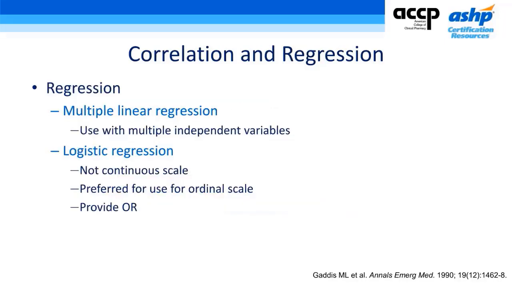And of course, we need to know which type of regression to use: multiple linear regression or logistic regression. For multiple linear regression, we are thinking about using it with multiple independent variables. And then logistic regression would be used and preferred for ordinal scale data. And it would provide an odds ratio to us.